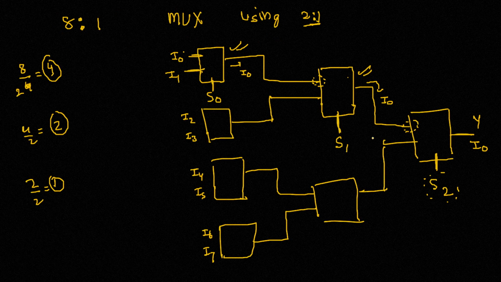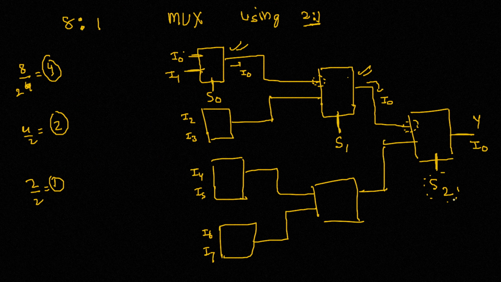So similarly, let's take a random value here. Okay, let's take this example, 1, 0, 0. So if the value of S2 is 1, that means this input line will be chosen as the output by S2.